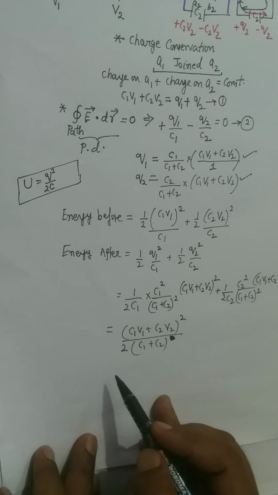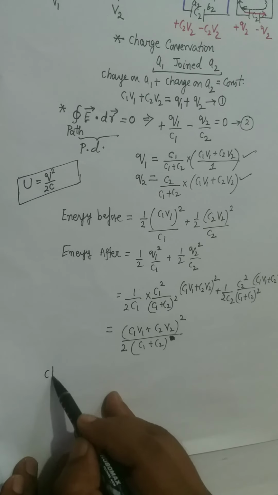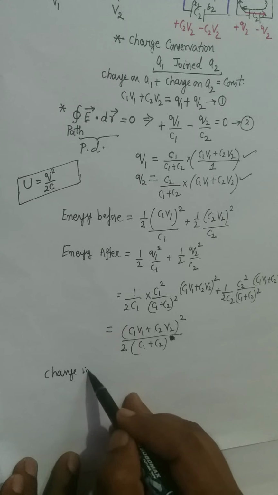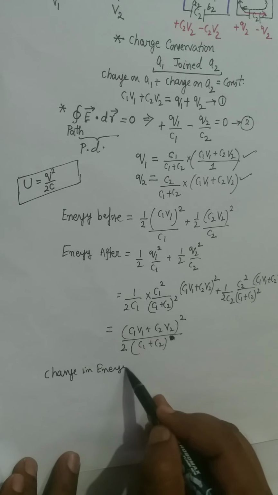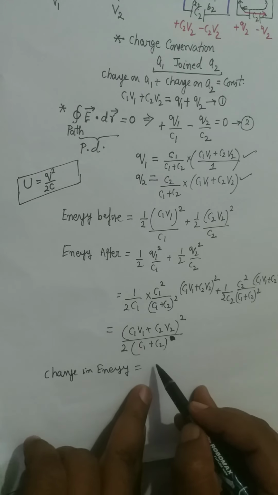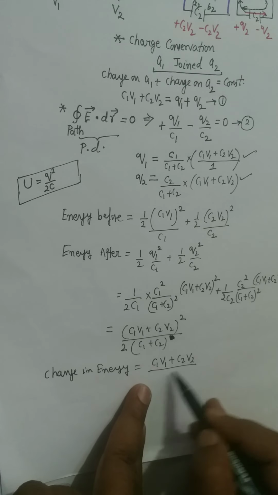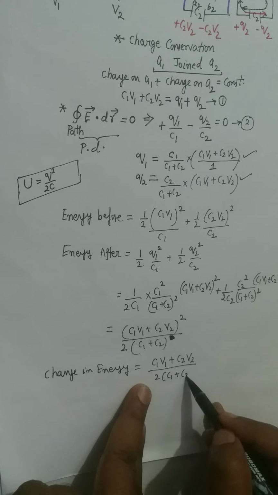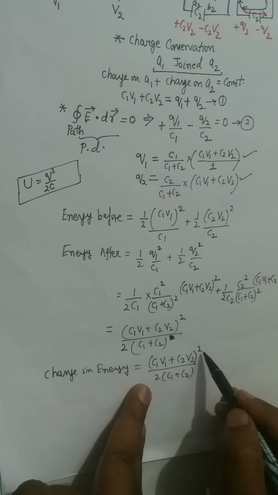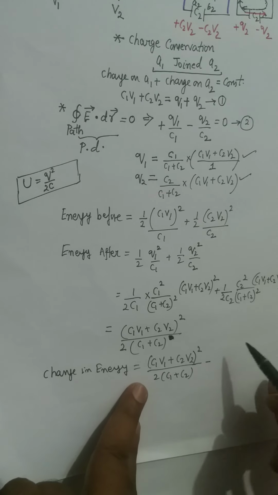And then you can find out the change of energy. The change in energy will be final energy minus initial energy: C1 V1 plus C2 V2 whole square divided by twice C1 plus C2, minus your initial energies.